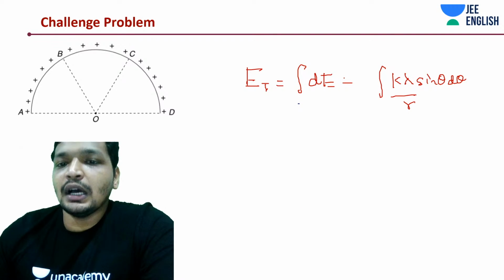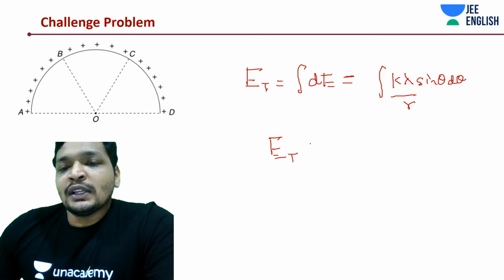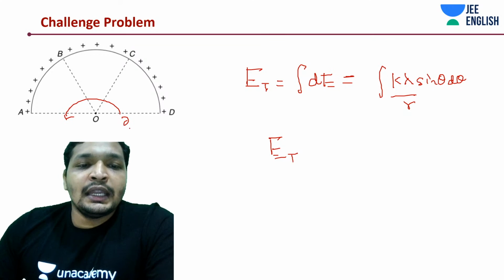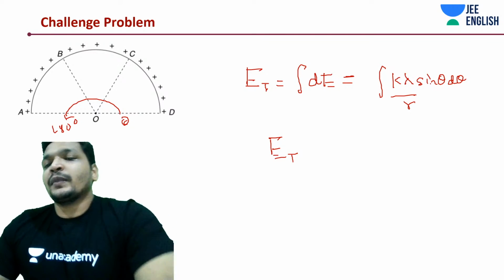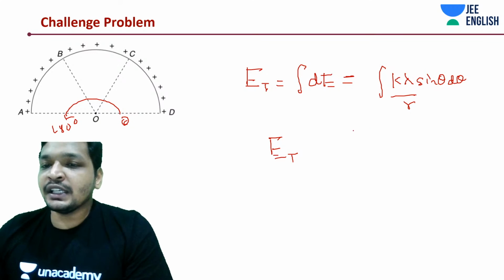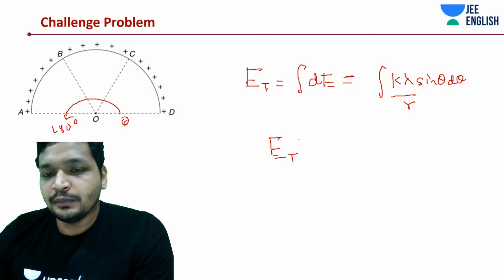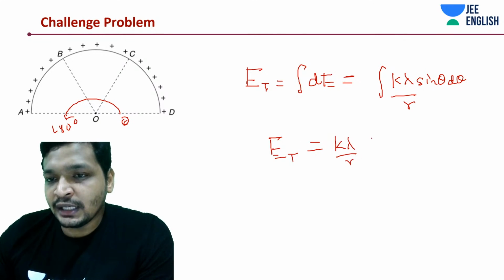Let's switch over the ink and get started. So what are the limits, guys? It's from 0 to 180 degrees. Integration of sine theta is minus cos theta, since minus cos theta differentiated gives sine theta. K lambda by r would come outside.